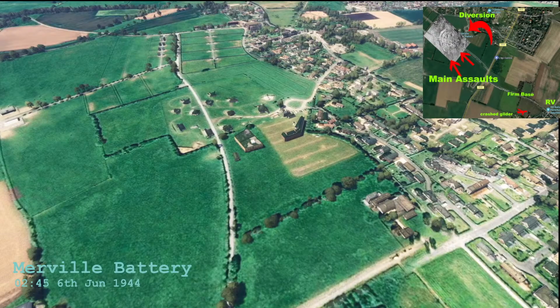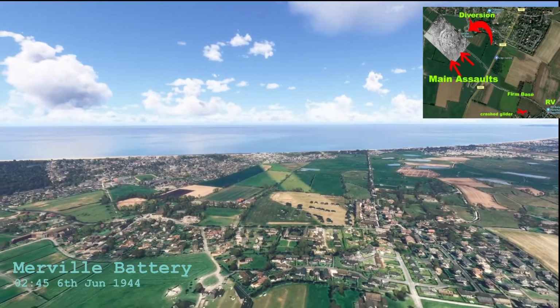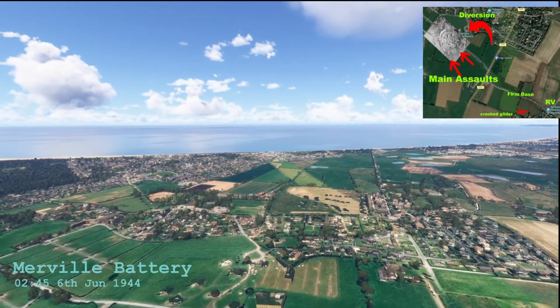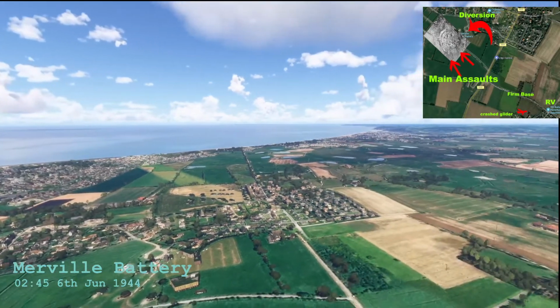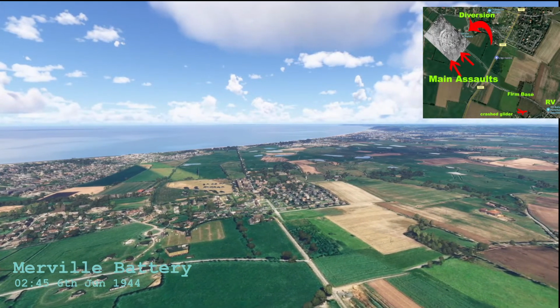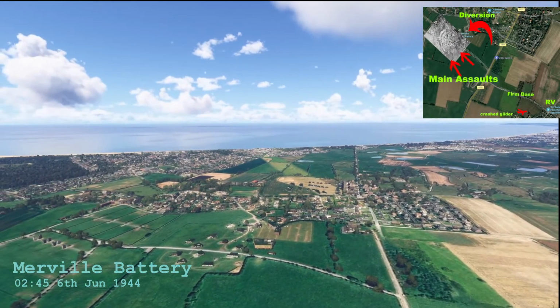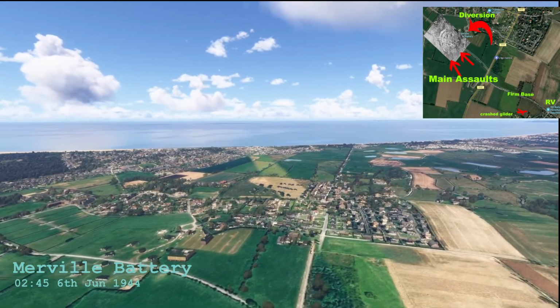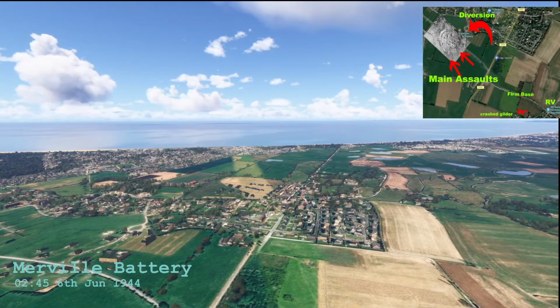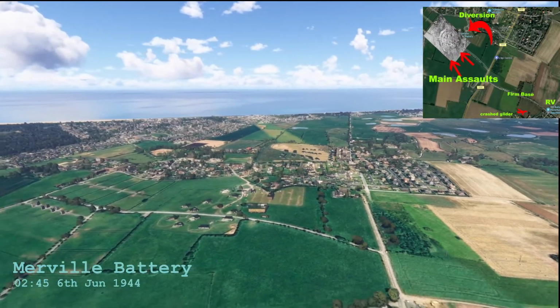He didn't have enough Bangalore torpedoes. We discussed earlier that the gliders that are coming in, actually it might be 5 of the gliders that are carrying in the heavy equipment hadn't made it. So he was lacking in the equipment to storm the battery.